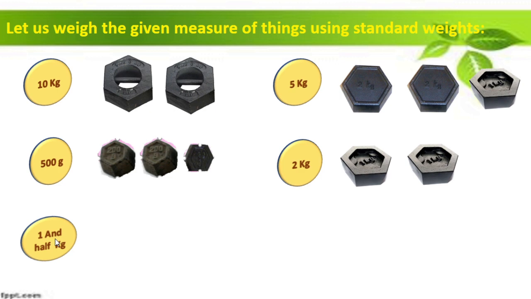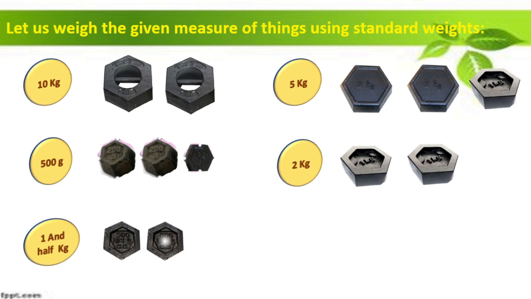Next thing is 1.5 kg we want to weigh. Then what will we do? And we have only a 500 gram stone. Very good. This is one time, second time and third time.